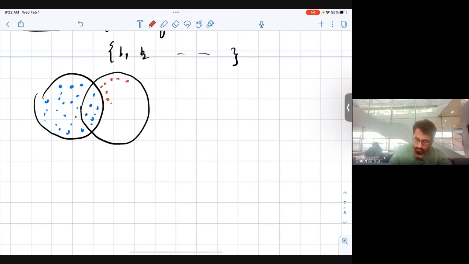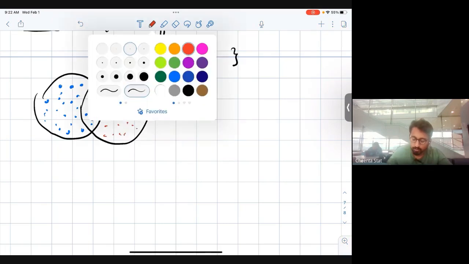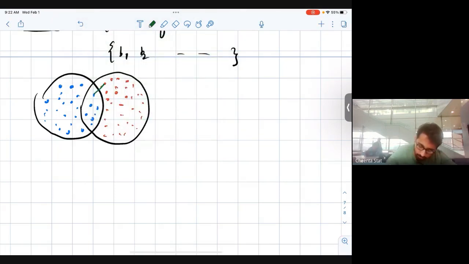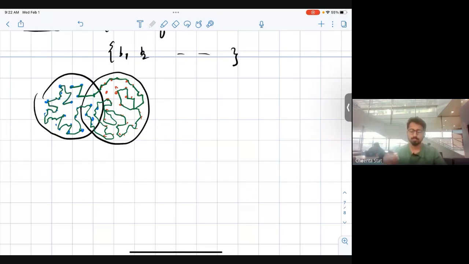Now you can count them. Let's say you start from here. I have taken finite, but there can be infinite also. You can count it like this, step by step.